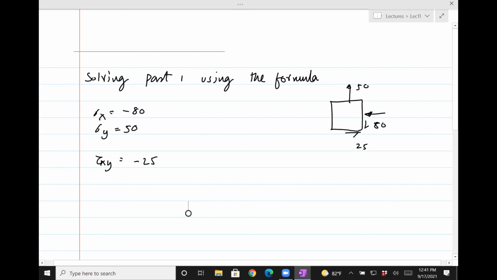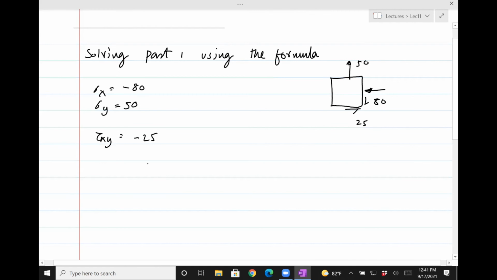Of course, we need to put phi equals minus 30 degrees, right? It's minus 30 because we want to find the stress at an element when rotated by 30 degrees clockwise. So clockwise is denoted with a negative sign.